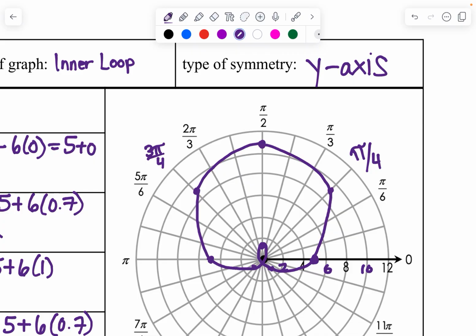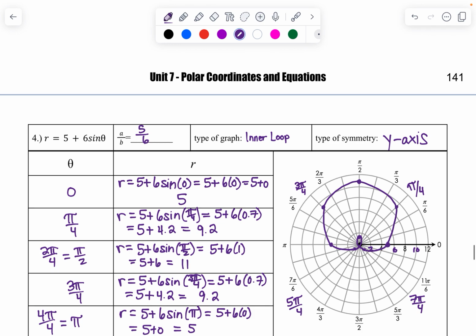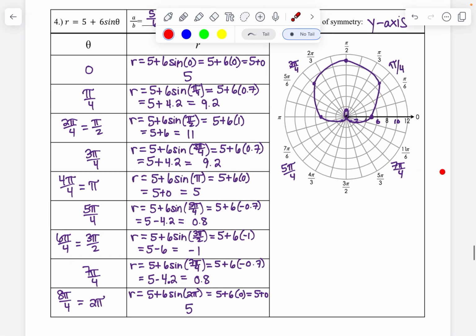And there's my Limacon curve. Again, it's an inner loop because a divided by b, so the number out front being added or subtracted is a, b is the one being multiplied by it, so a divided by b, if it's less than 1, it's always going to give you this inner loop shape that curves in upon itself. Because it's sine, we know it's y-axis symmetry. So there's 2 examples of these Limacon curves that we could get.